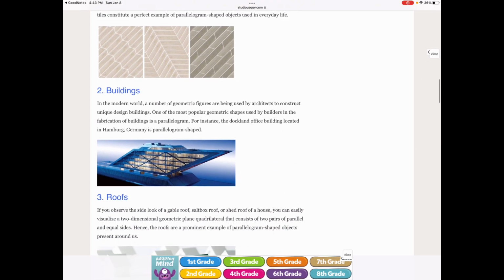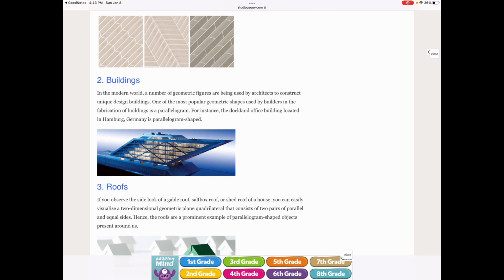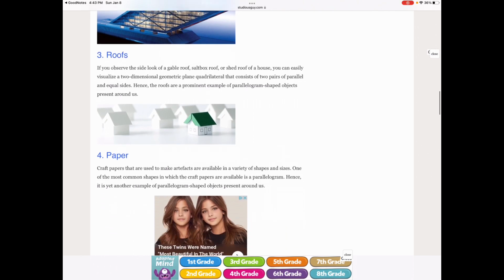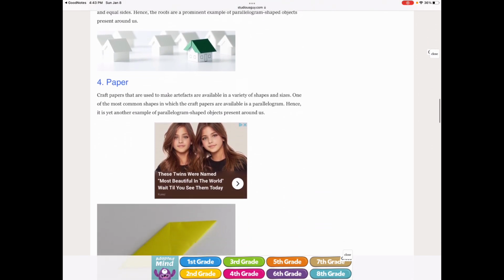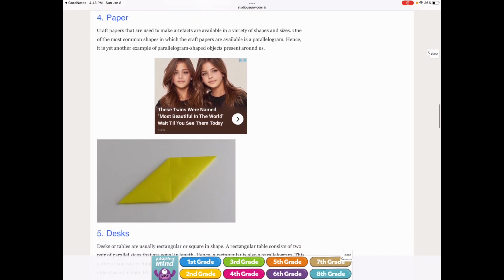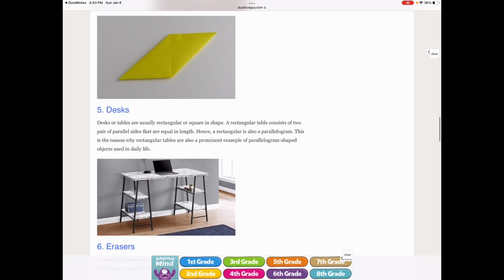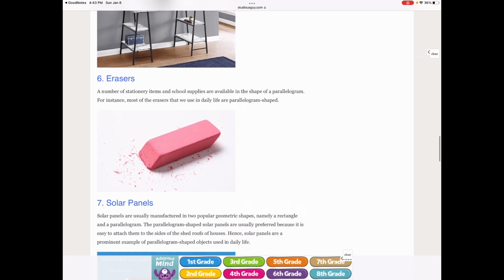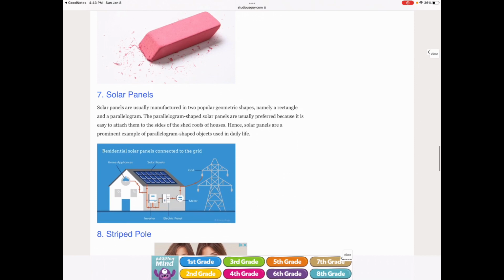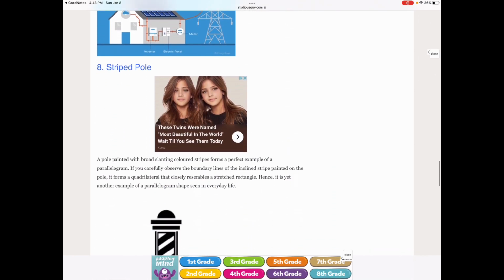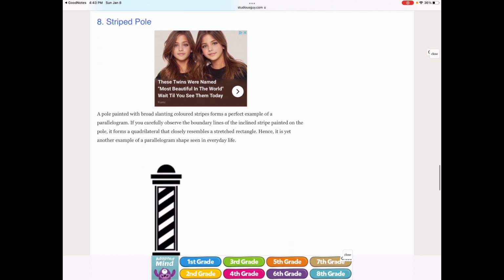That's really cool architecture where there's a bunch of parallelograms. Roofs are made from parallelograms. You can make origami using parallelograms. Some desks use parallelograms. Eraser, solar panels, and how they're built. So if any of this is interesting to you, you can read about it.